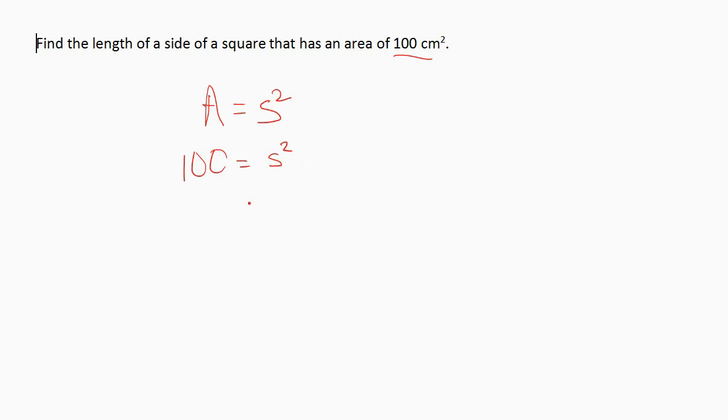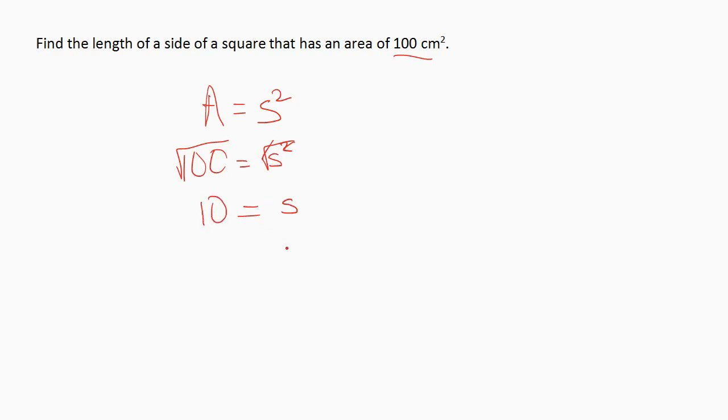Now, we don't want to know the side length squared, we just want to know the side length. So how do we get rid of the squared part? Well, the opposite of squaring is square rooting, and whatever you do to one side, you've got to do to the other. So squaring and square rooting cancel out, and we're just left with the side length will be equal to the square root of 100, which is 10.